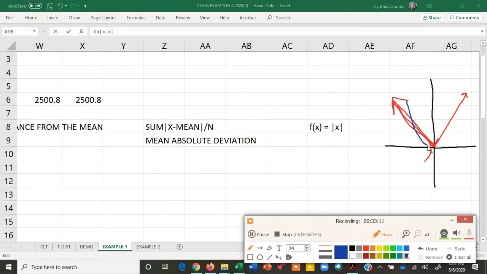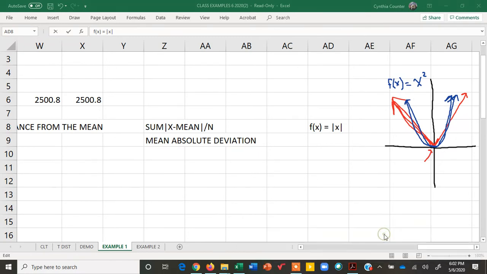So if we smooth it out to get something more smooth like this, again, not the best graph, but hopefully what you can see I'm trying to draw here is a parabola. And the parabola, you might recall, is the graph of the squared function. So squaring makes everything positive and smooths it out, so it's a nice function mathematically.